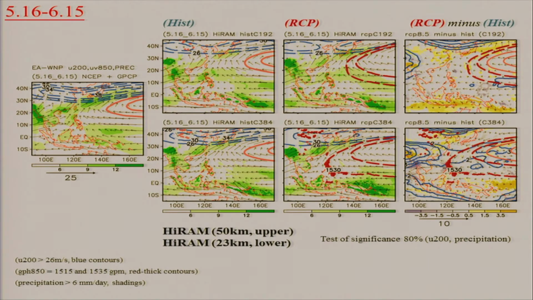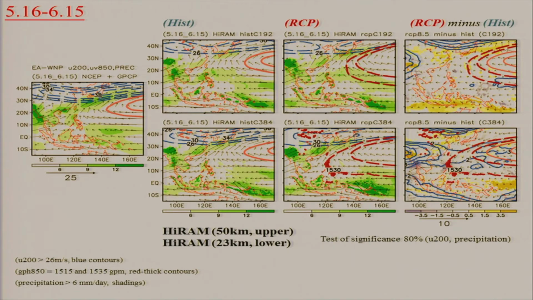This shows you the change from historical run to the RCP. So I plot these two contour lines to show the stronger Pacific high, and you can see quite a different feature. And in the 20 kilometer horizontal resolution, the stronger Pacific high in the lower troposphere seems to be consistent with the stronger westerly jet.